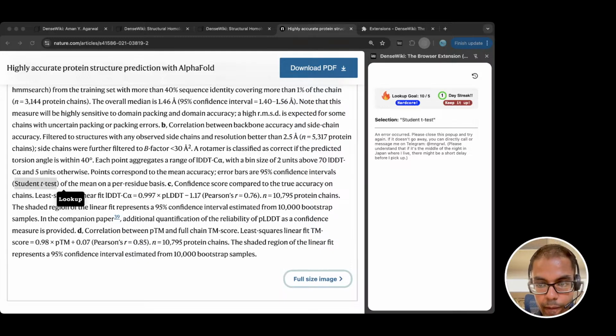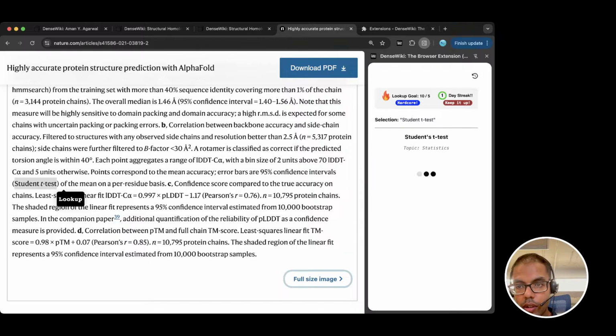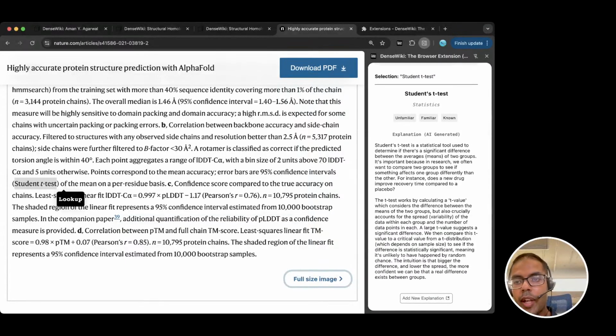Apparently Gemini is like... Okay, now it worked. Sometimes the backend API causes problems, but whatever.